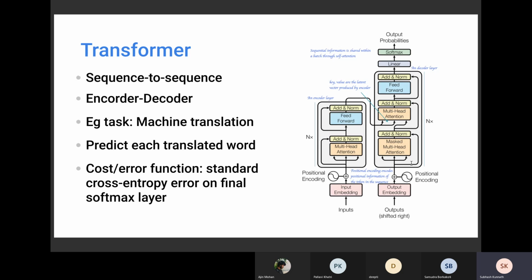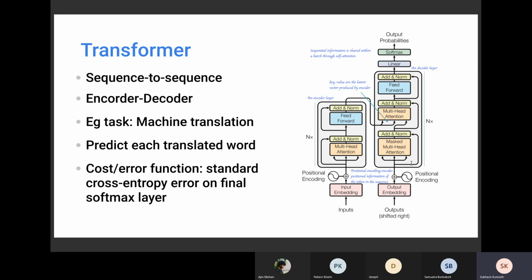As an overview, the transformer is used in tasks like sequence-to-sequence transformation. In machine translation, your input sentence is a sequence or string of words, and that's transformed to a string of words in another language. It has an architecture with an encoder and then a decoder.